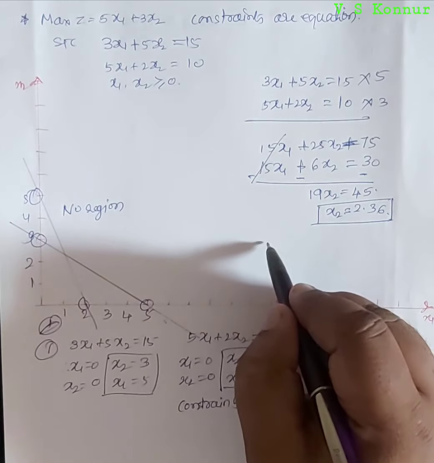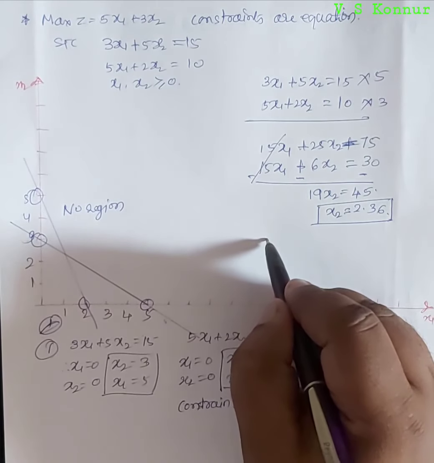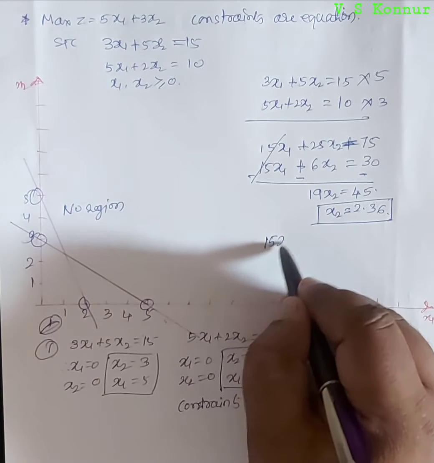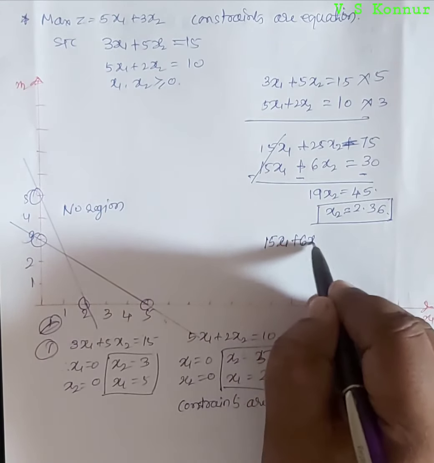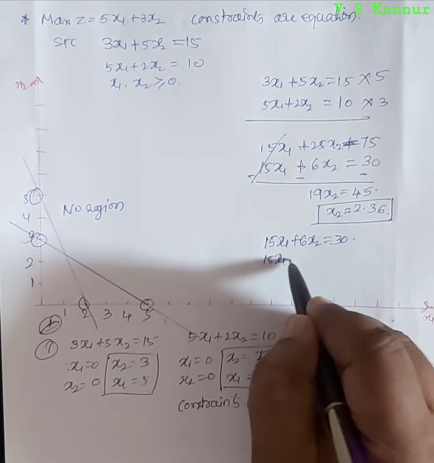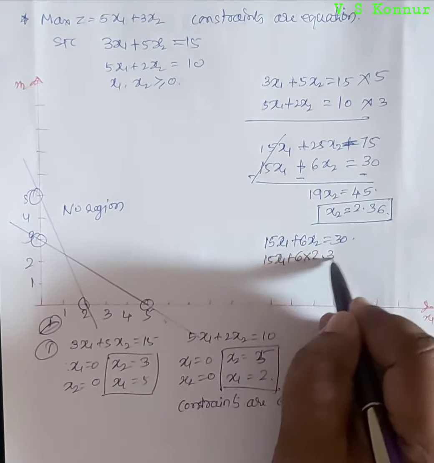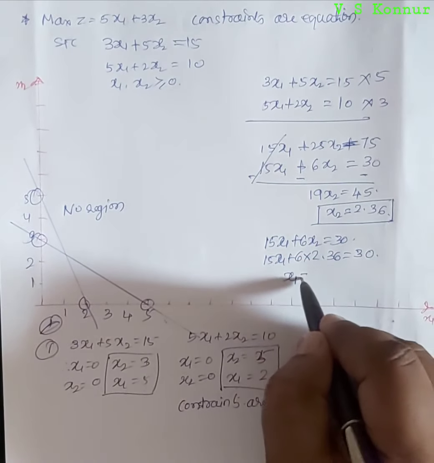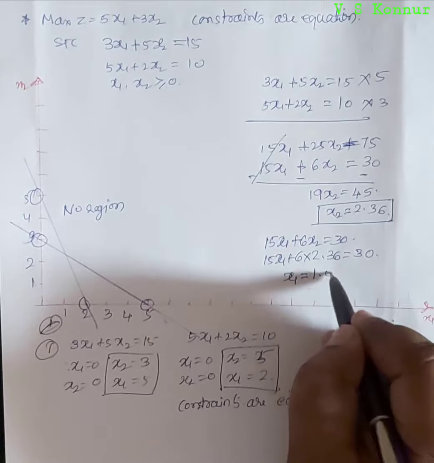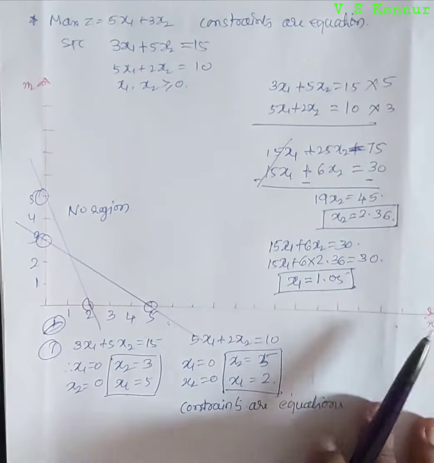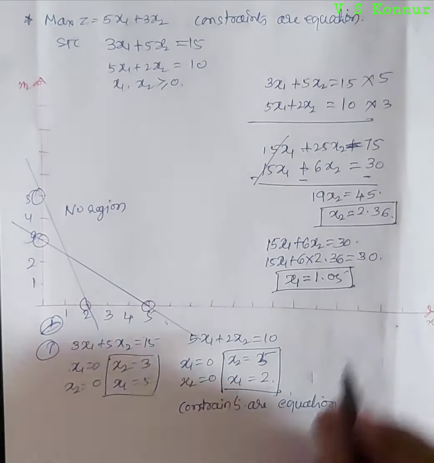Right. Next we have to calculate x1. You can put it in any of the equations, you will get the x1 value. 15x1 plus 6x2 is equal to 30. So we will get 15x1 plus 6 into 2.36 is equal to 30. So we will get x1 is equal to 1.05. Now you can put these values in max of z.